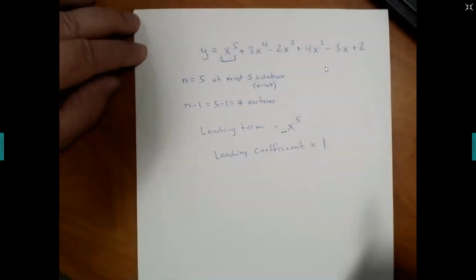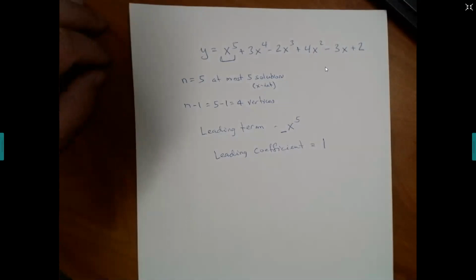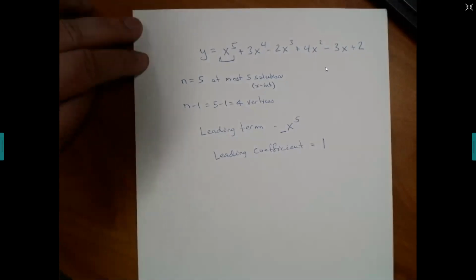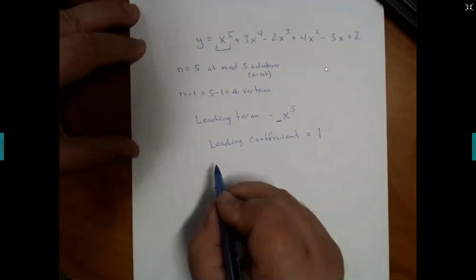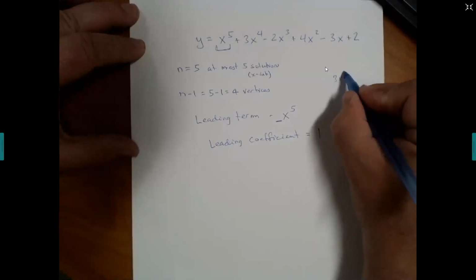But Mr. Meek, the degree of power doesn't always have to be the first one. It just has to be the highest. Yeah, I'm glad you asked that. Sometimes the homework assignments are going to give it to you like this.